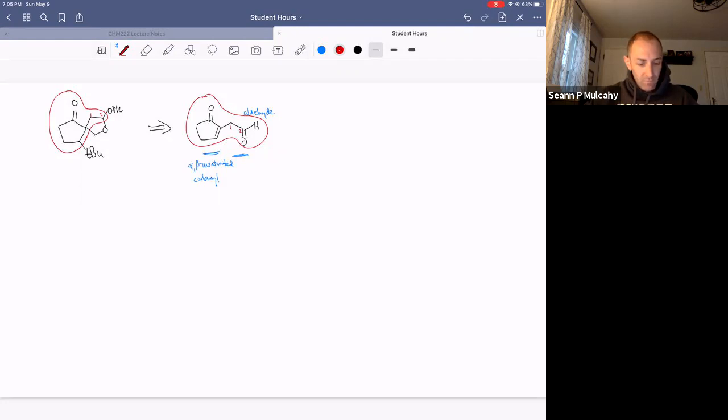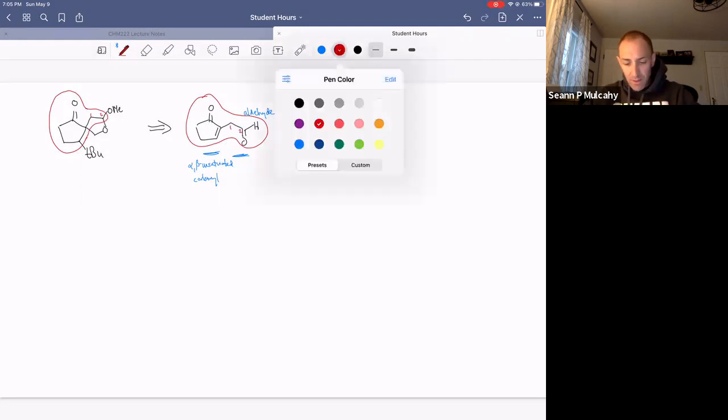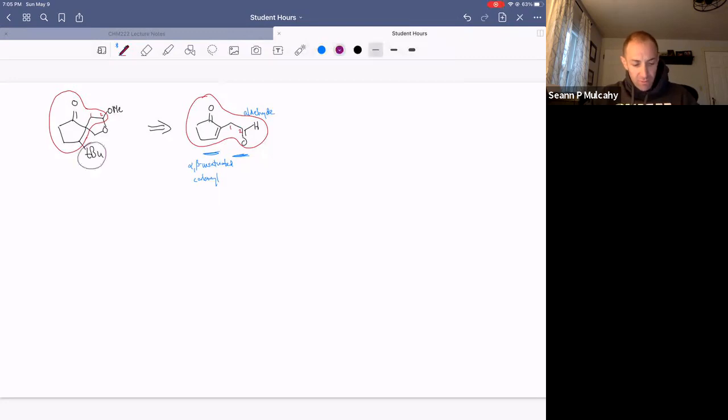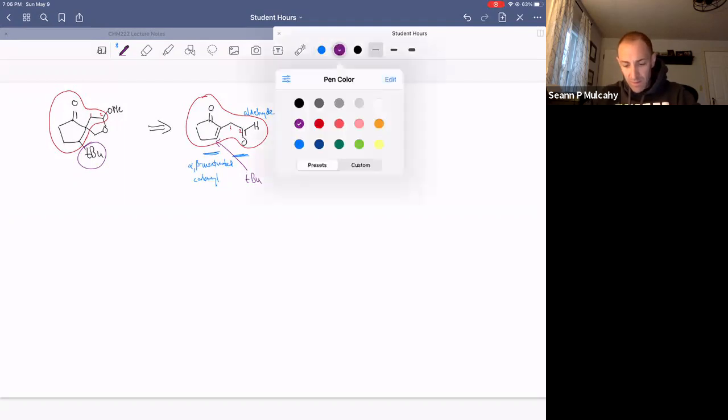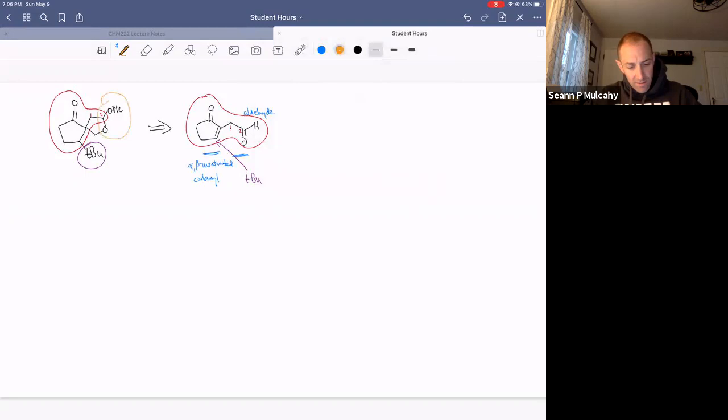A couple other things we might notice: the tert-butyl group has been added to the beta position of that alpha beta unsaturated ketone. So that's something that's important. Another thing that's important is we have an acetal functional group here. I know acetal is not on your exam, but it is a good review for the final exam.